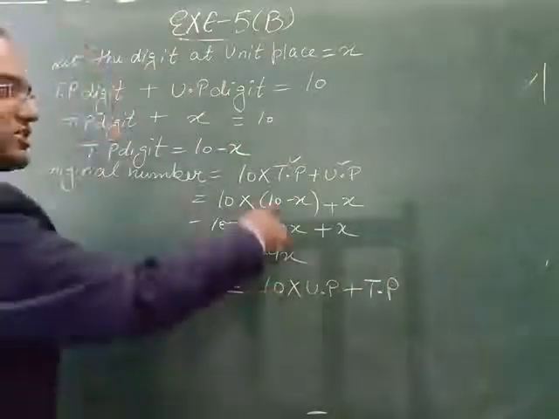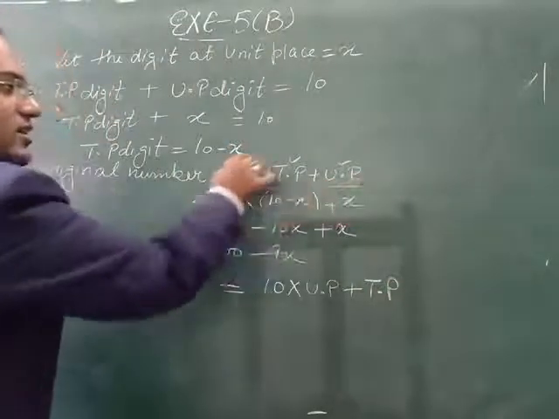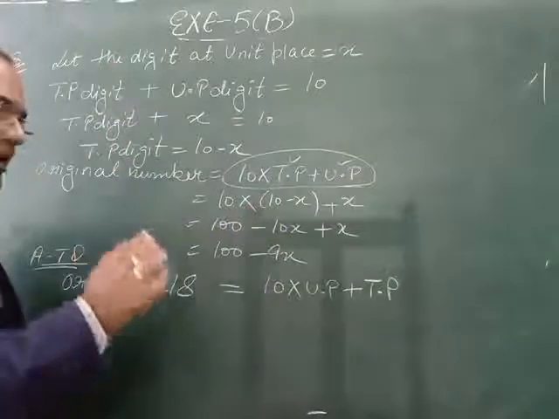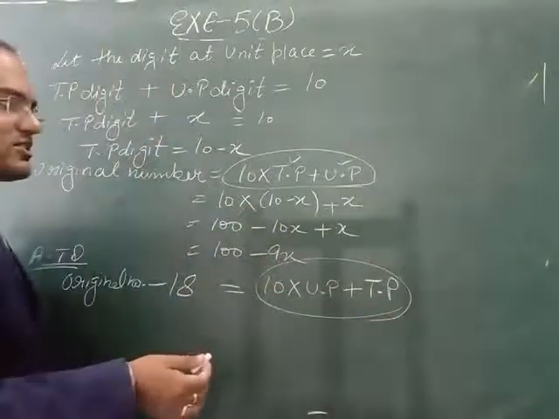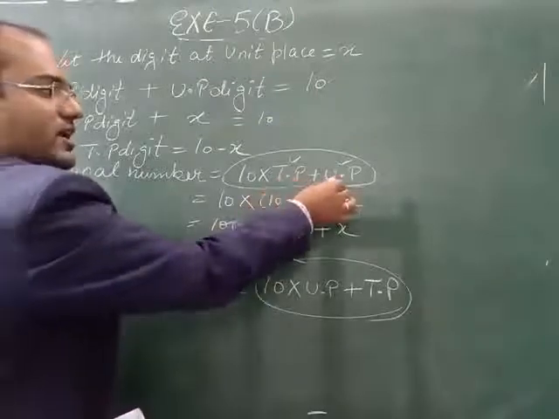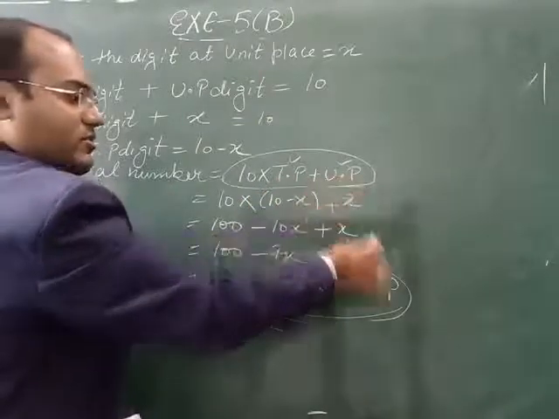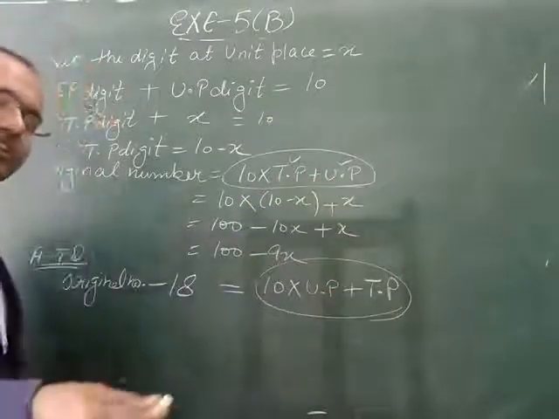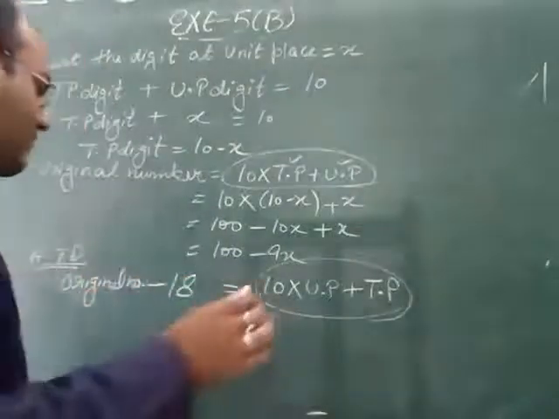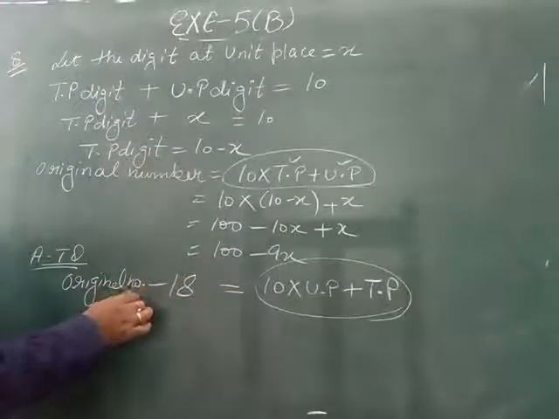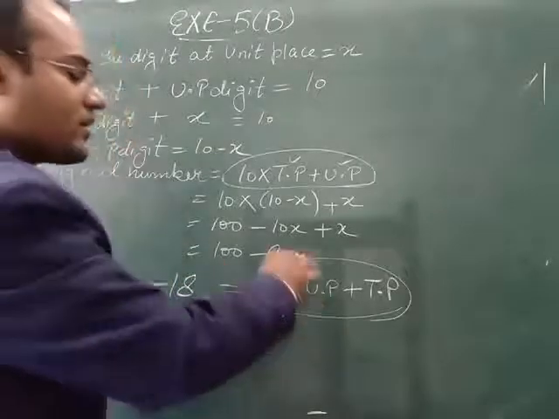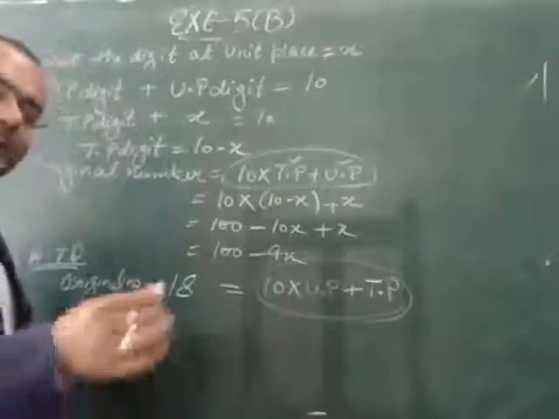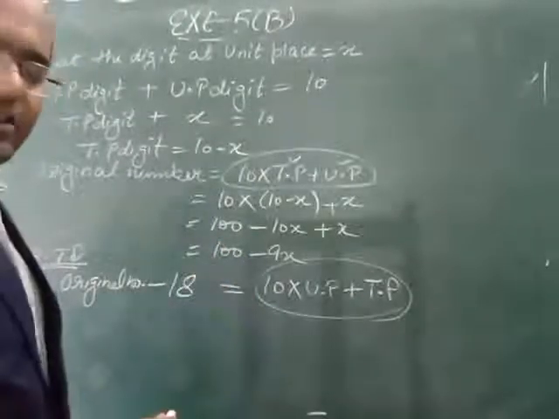Why we had changed the formula? This is the actual formula. But now we will interchange the digits. In place of ten's place we are writing unit place. In place of unit place we are writing ten's place. Why? Because it is given in the question. When from the original number we will subtract 18, then in the answer digits of the number will get interchanged. So we had interchanged the digits.